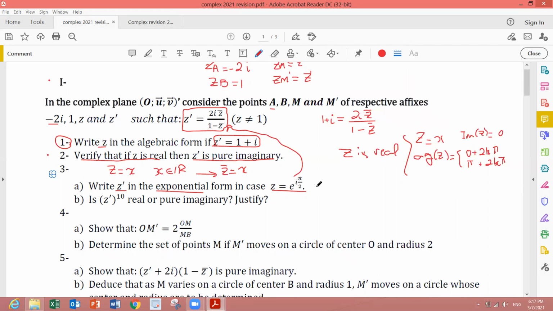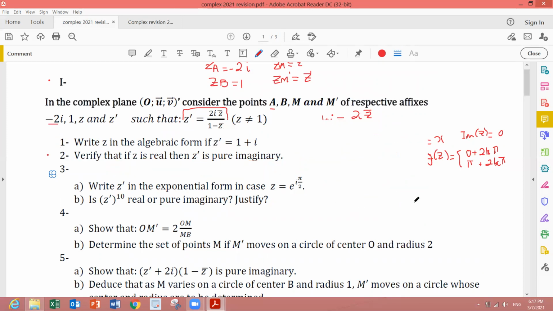z equals e to the i pi over 2. I can put z equals 1 times cosine pi over 2 plus i sine pi over 2, which equals, since cosine pi over 2 is 0, plus i, equals i.